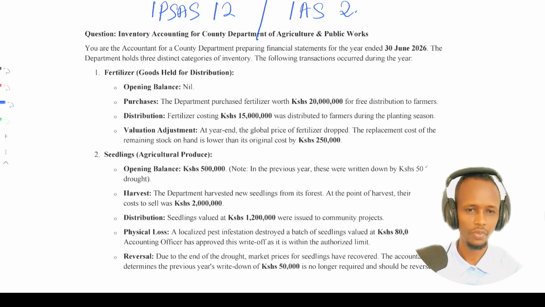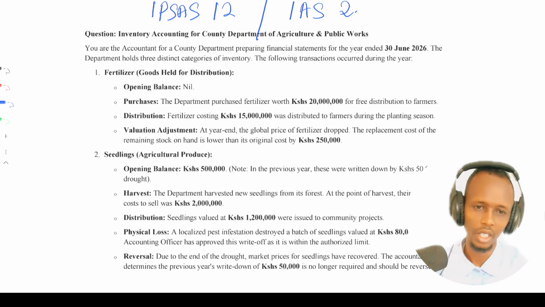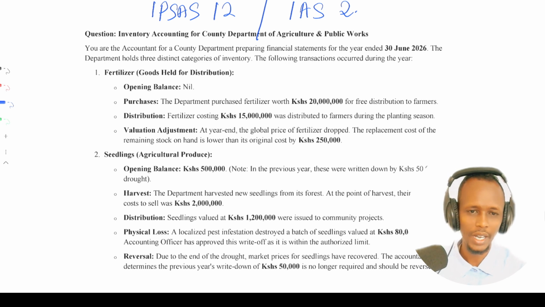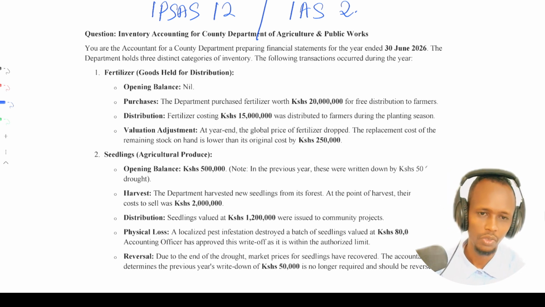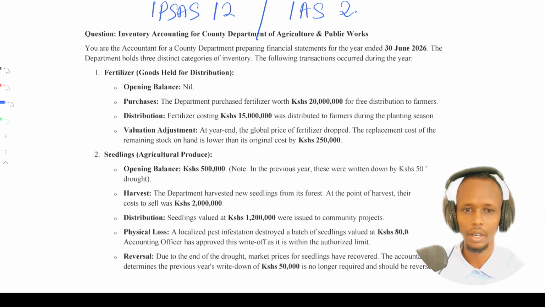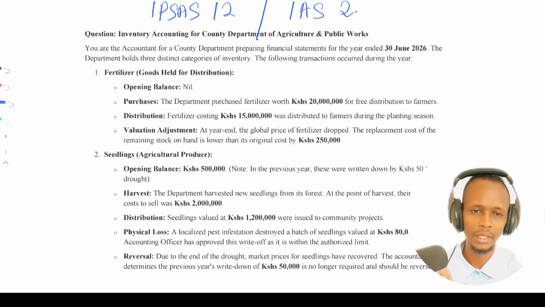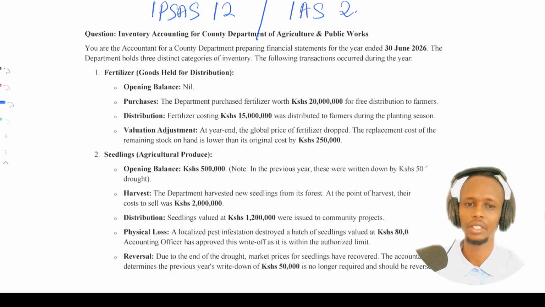Also, inventory can be defined as materials or supplies to be consumed in the production of goods or services, or held for distribution at no charge or nominal charge. So those are the definitions of inventory. Inventory are raw materials, work in progress, and finished goods.